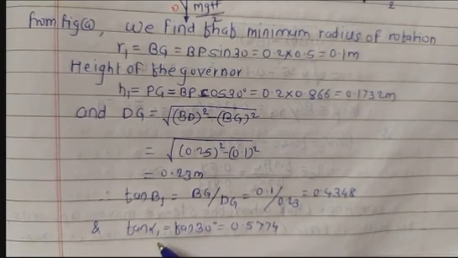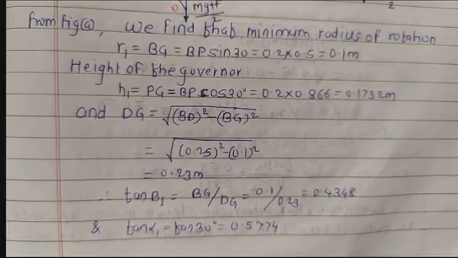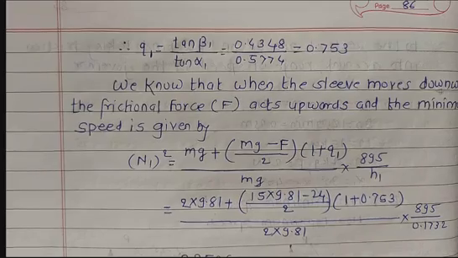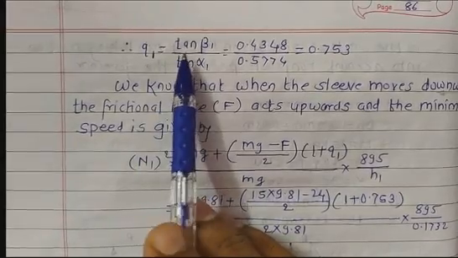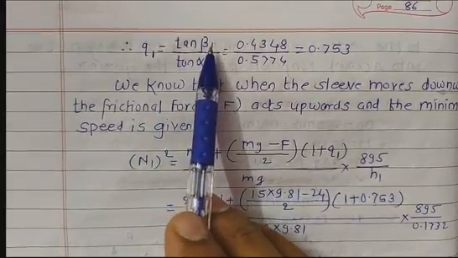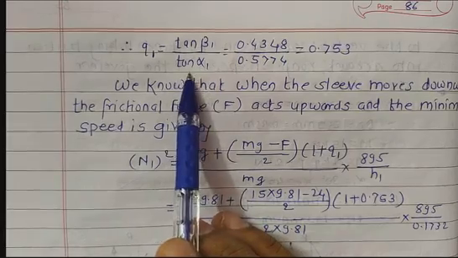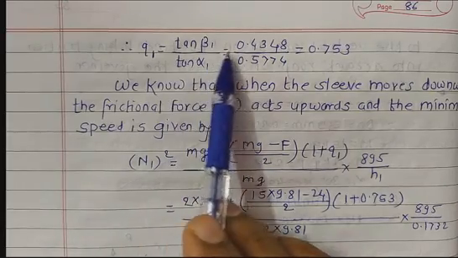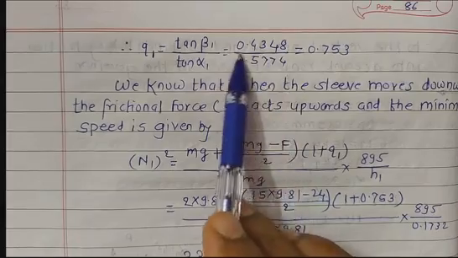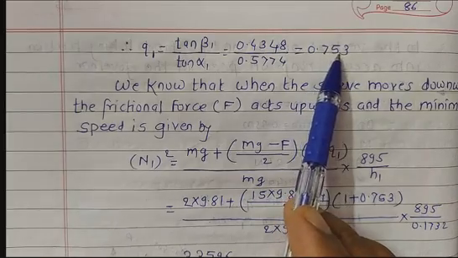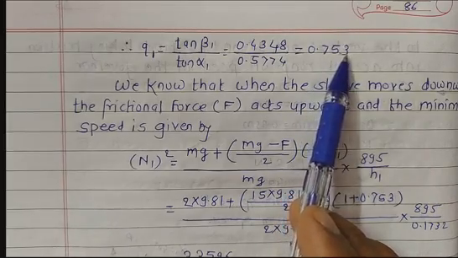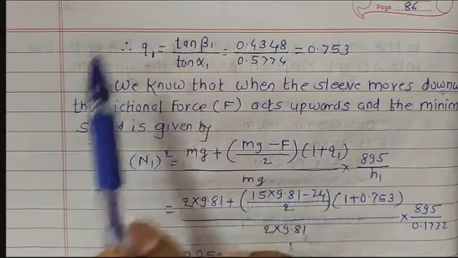Our aim is to get the value for Q. So Q1 we can get in this way. It is the ratio of tan of beta 1 and tan of alpha 1. After putting the values of tan of beta 1 and tan of alpha 1, we get Q1 equals 0.753.